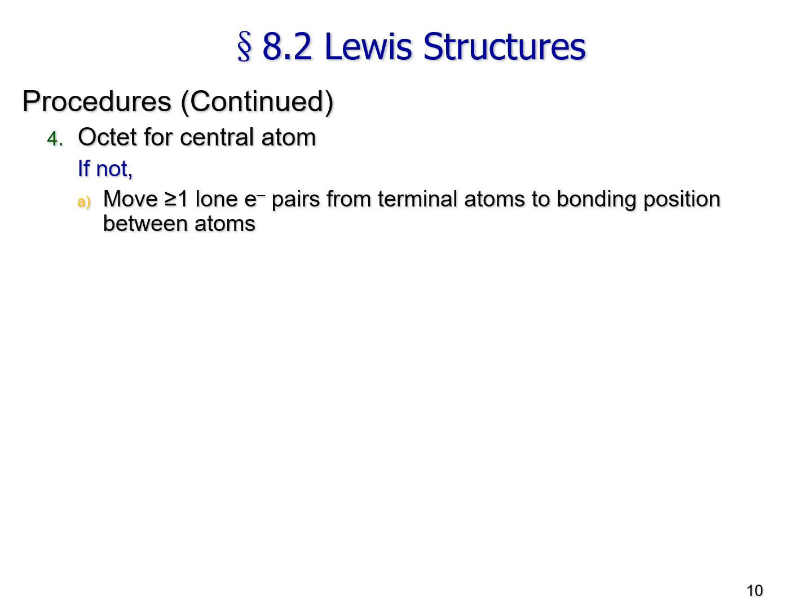Then we just have to move one lone pair of electrons from the terminal atom to the bonding position between atoms. In this way, the lone pair that used to be owned 100% by the terminal atom is now shared between itself and the central atom. In this way, the central atom will definitely find a way to attain the octet.